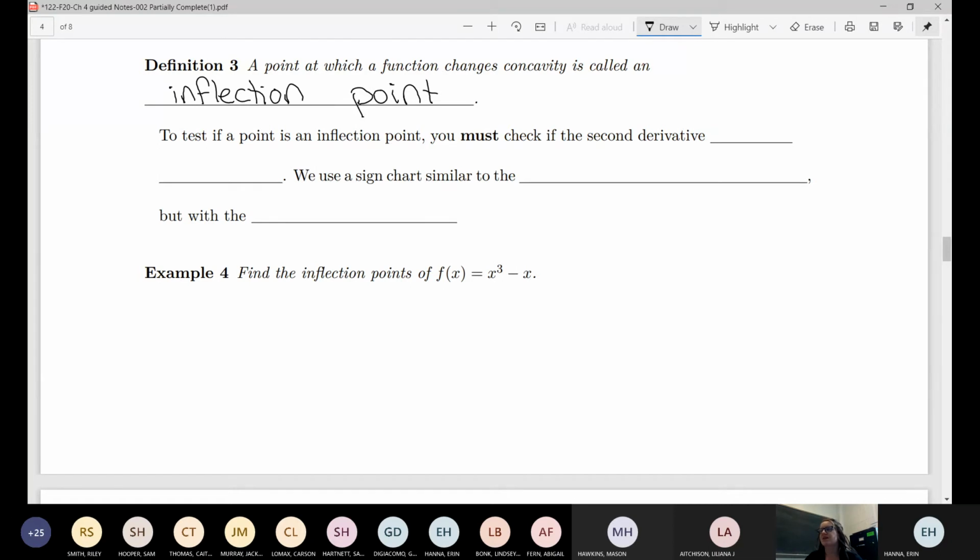To test if a point is an inflection point, you must check if the second derivative changes sign. So positive to negative or vice versa. How we're going to do that is we're essentially going to use a sign chart similar to the first derivative test, but with the second derivative.